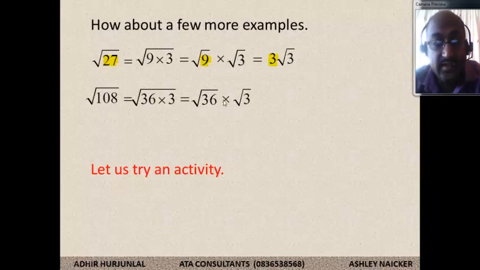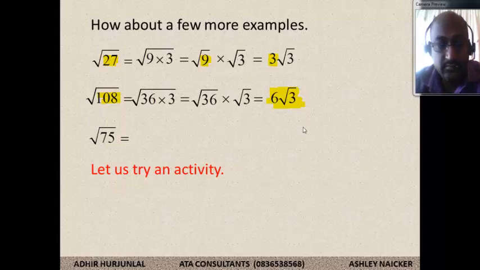And the square root of 36 is equal to 6. So the answer is 6 root 3. One more time, guys, the square root of 108 is equal to 6 root 3. And that was a very nice example.